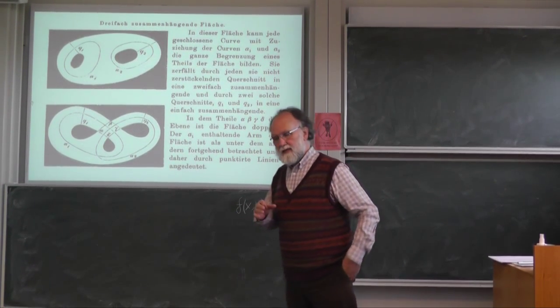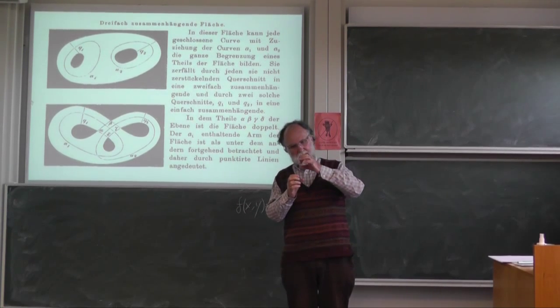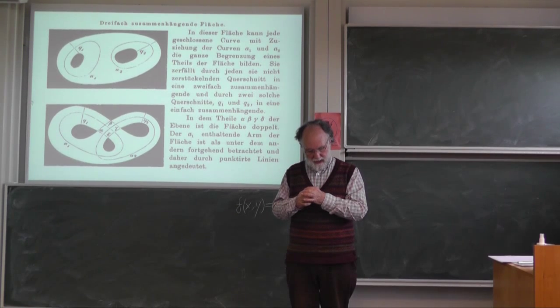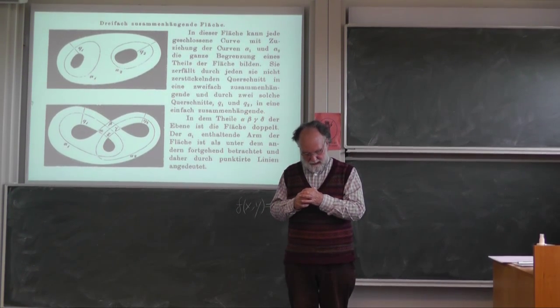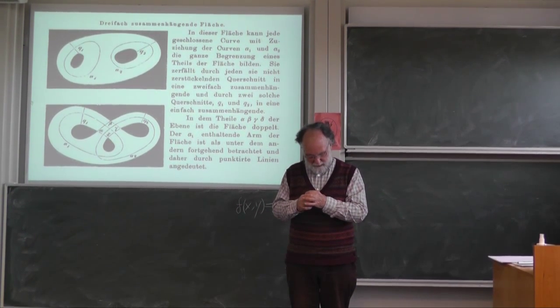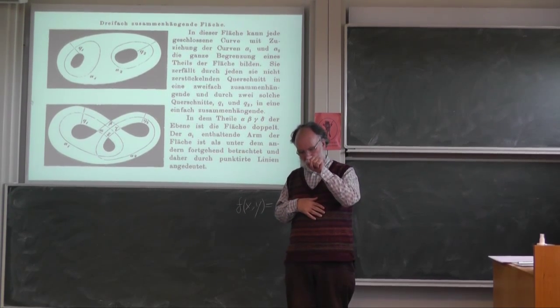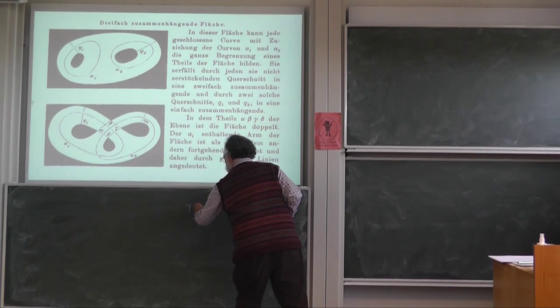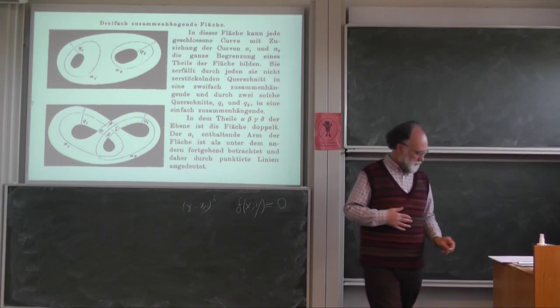This is one of the things that is very sketchy in his paper. But what this means is that you can essentially uniformize around a ramification point using a function like x minus x naught to the 1 over n, something like that.